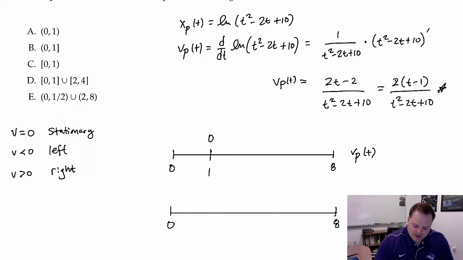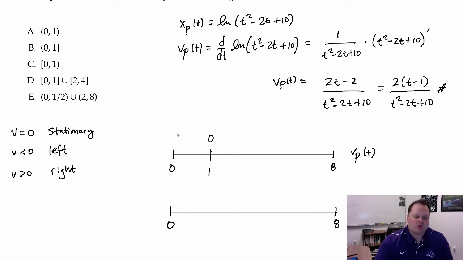If the velocity is 0 here, this is a continuous function. Well, it does have some discontinuities at asymptotes in the bottom, but those don't exist on this interval. So at 1, the particle is stationary, so I need to check to the left and the right of 1.